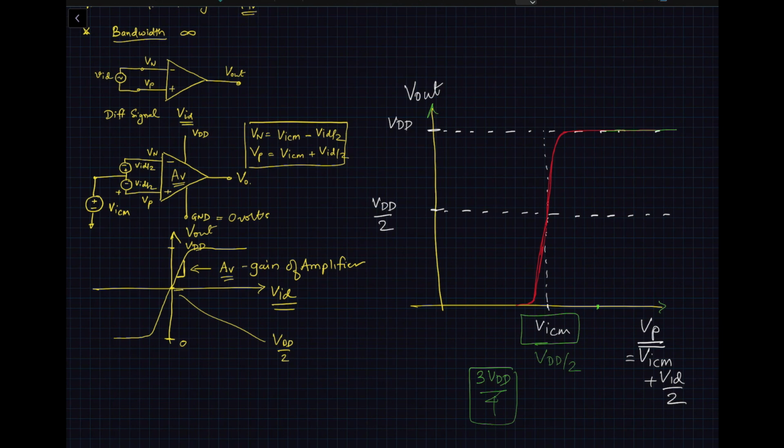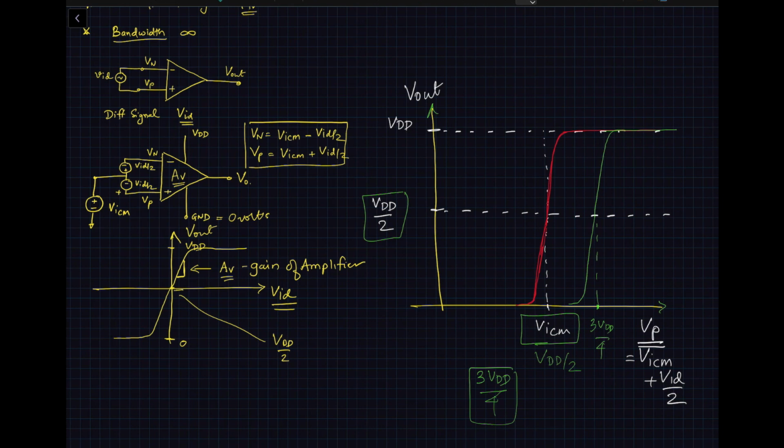What you would expect to see is something like this, and this is your new Vicm, so this would be 3 VDD divided by 4. As the Vp goes around that voltage, you will see the op-amp respond, and the output is still VDD by 2, because that's where the output is referenced.